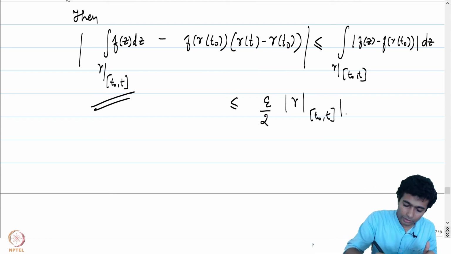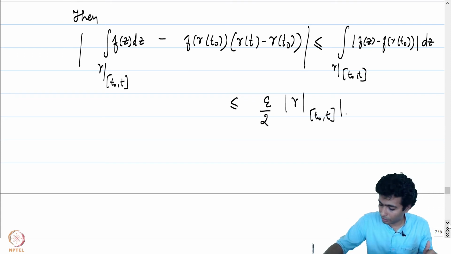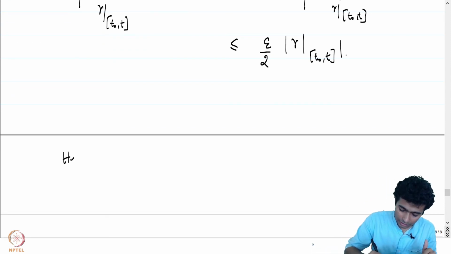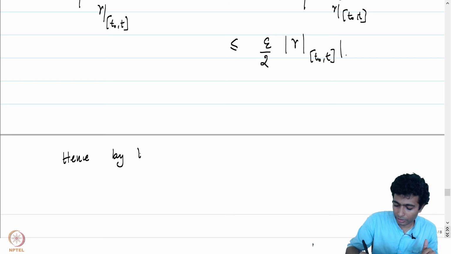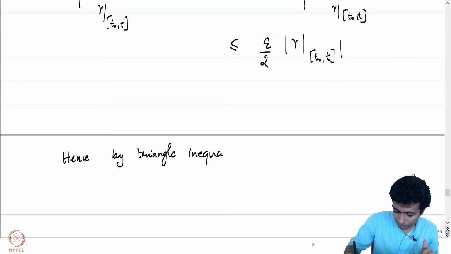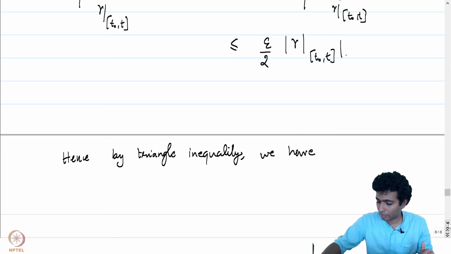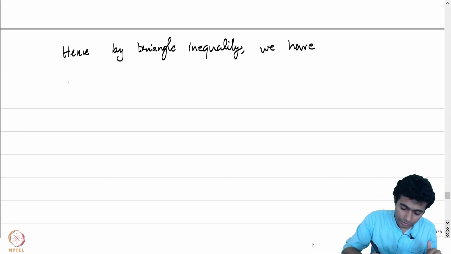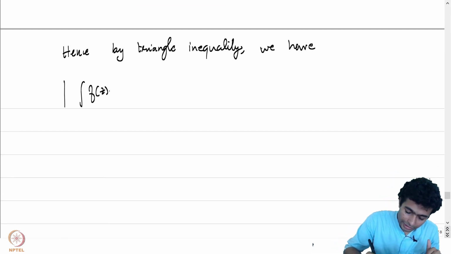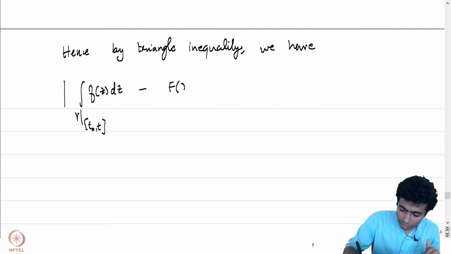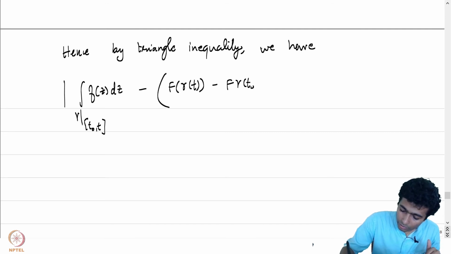So let me now write down, by using the triangle inequality, by adding and subtracting the terms, the integral of f of z dz over gamma restricted to T naught comma T minus f of gamma of T minus f of gamma of T naught.